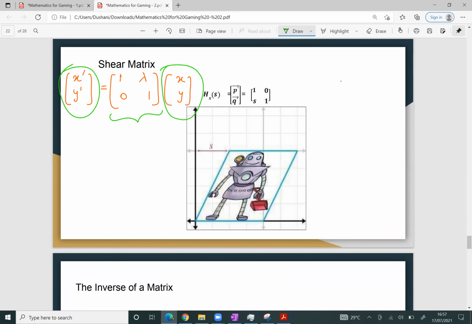This is your shear matrix. x dash will be equal to x plus lambda y, y dash is equal to y. The y coordinate does not change. Why? Because this shear is parallel to the x-axis, just like what has happened in this case. The y coordinate does not change after the shear.